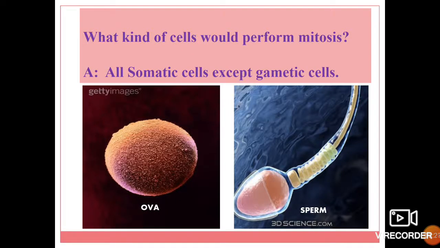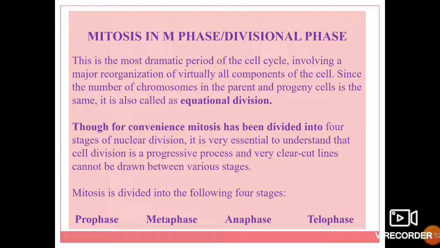The ova and the sperm, that means the male gamete and the female gamete forming cells, which are germinal in nature, be it in plants or animals, are formed by the germinal cells and they do not undergo mitosis, they undergo meiosis. But that is a different topic, we shall discuss it in a different presentation.